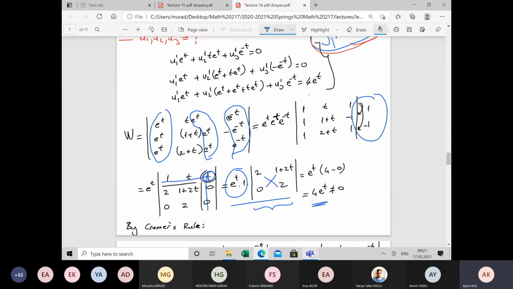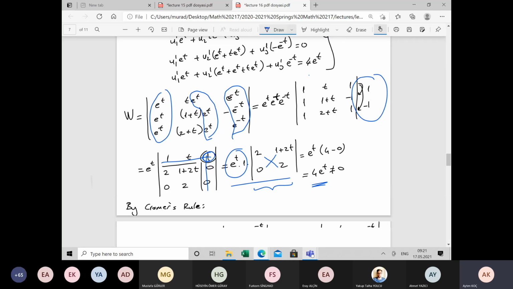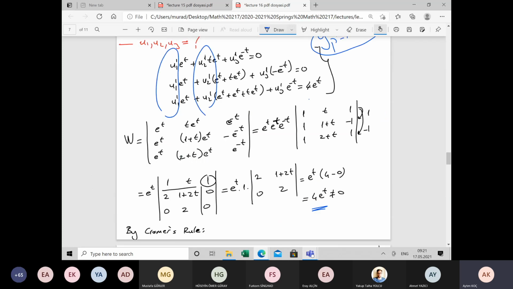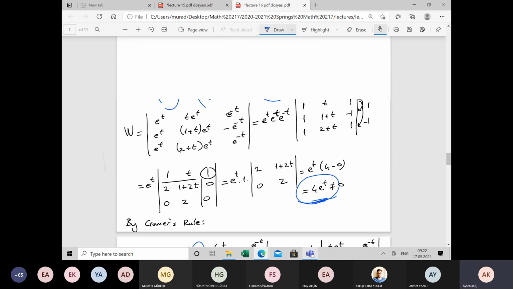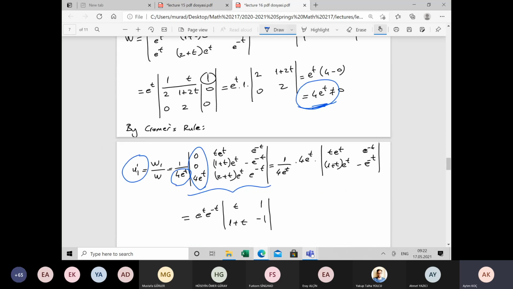By using our fundamental solutions, we have to find the unknowns u1 prime, u2 prime, u3 prime, using Cramer's rule. So u1 prime, the first unknown, is 1 over the Wronskian determinant, and the first column will be the right-hand side: 0, 0, 4.